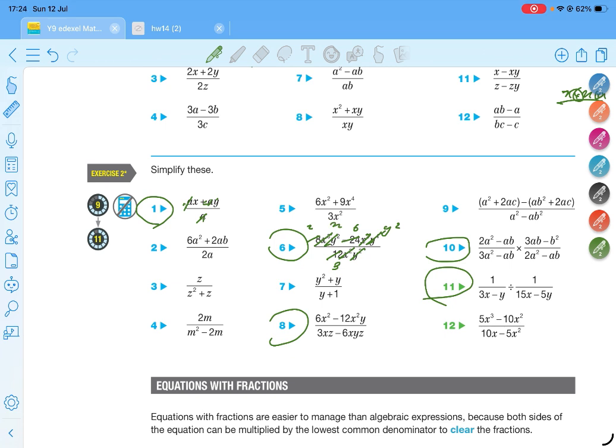Your answer may be, this is 2x minus 6y to the power 2 over 3.